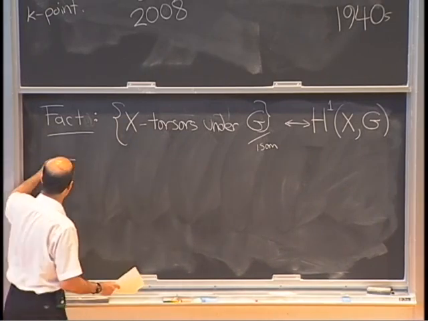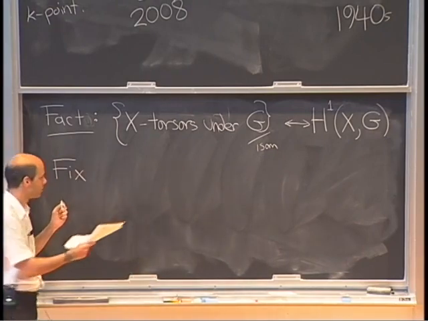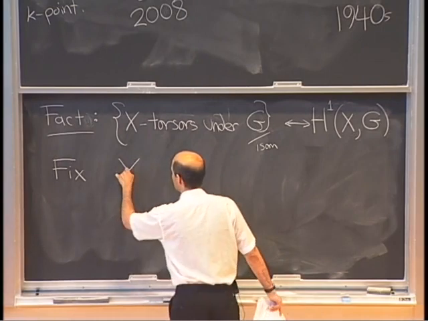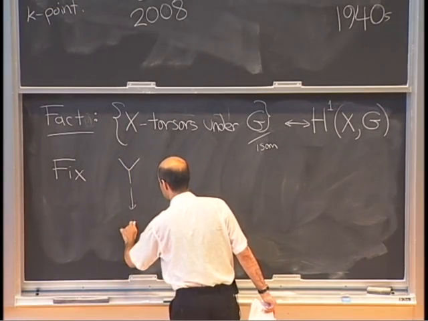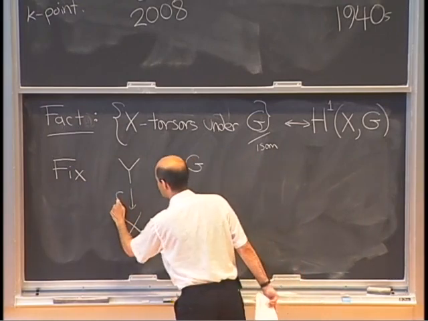Now I want to fix one particular torsor and show how you can get an obstruction to rational points from that torsor. So let me fix Y going to X under G, and let's call this f.